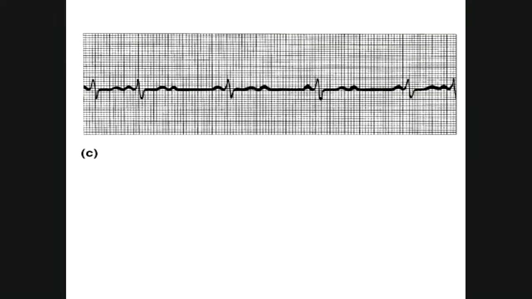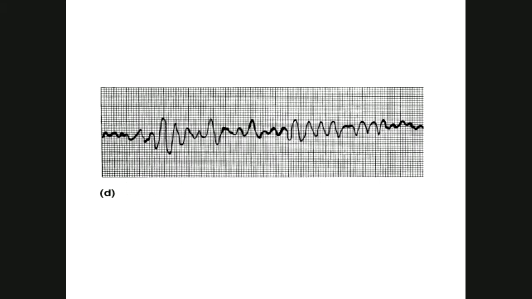Look at this ECG. Look at it. What do you think is going on here? Does anybody see a P wave or a QRS or a T? There aren't any.